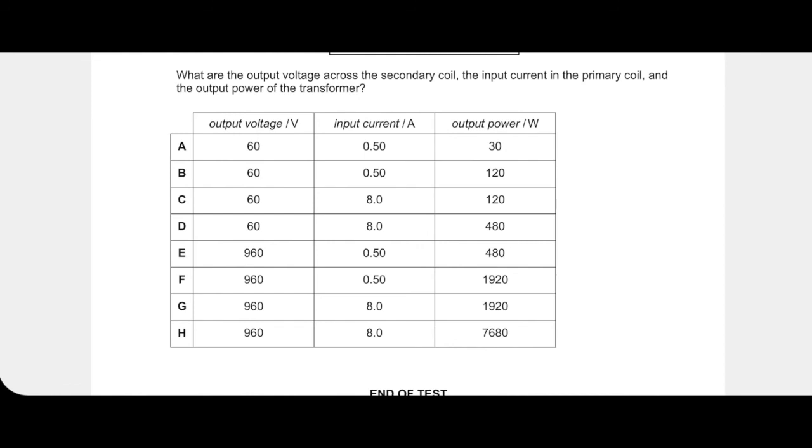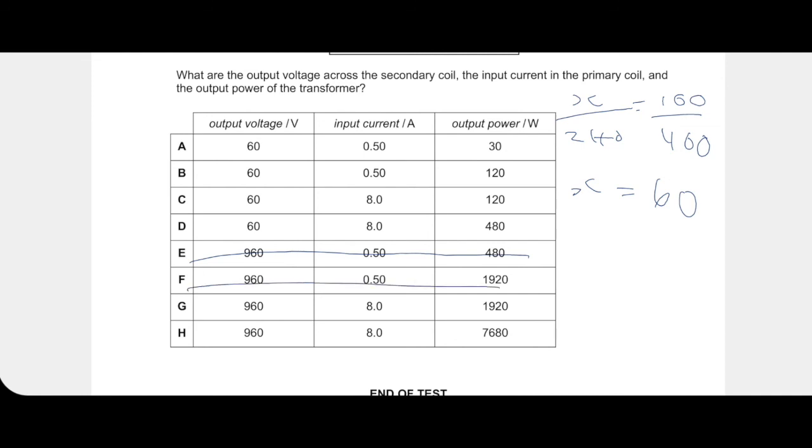So we are going to write that out and solve. So x over 240 is equal to 100 over 400. Therefore x is equal to 60. We can eliminate all of these. E, F, G, H. All of them gone.